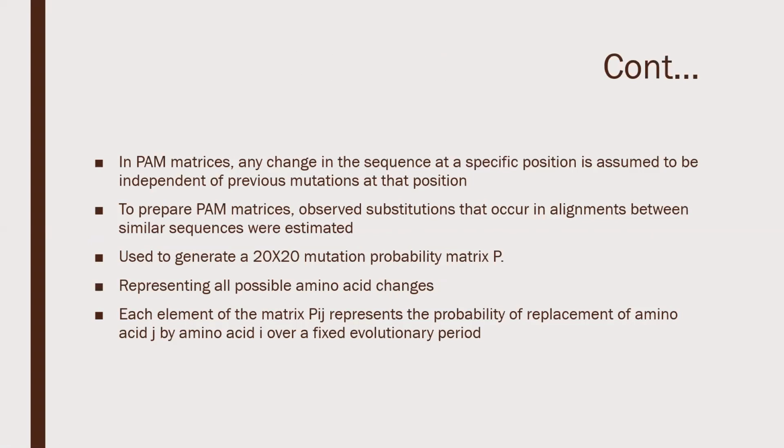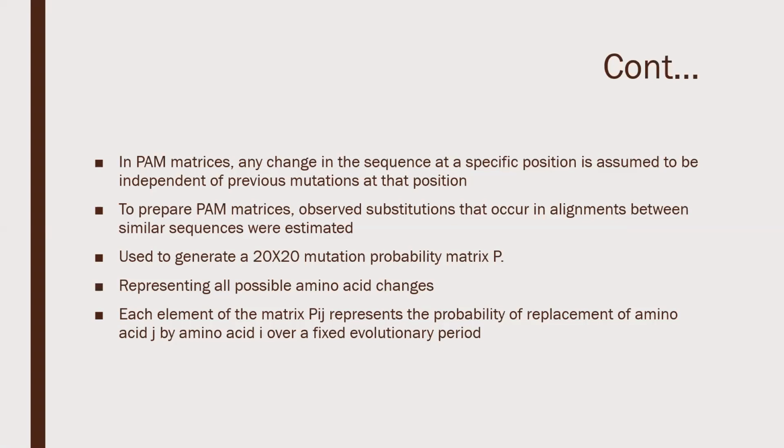Continuing with the PAM matrices. In these matrices, any change in the sequence at a specific position is assumed to be independent of the previous mutations at that position. So to prepare PAM matrices, the observed substitutions which occur in the alignments between similar sequences are first estimated.